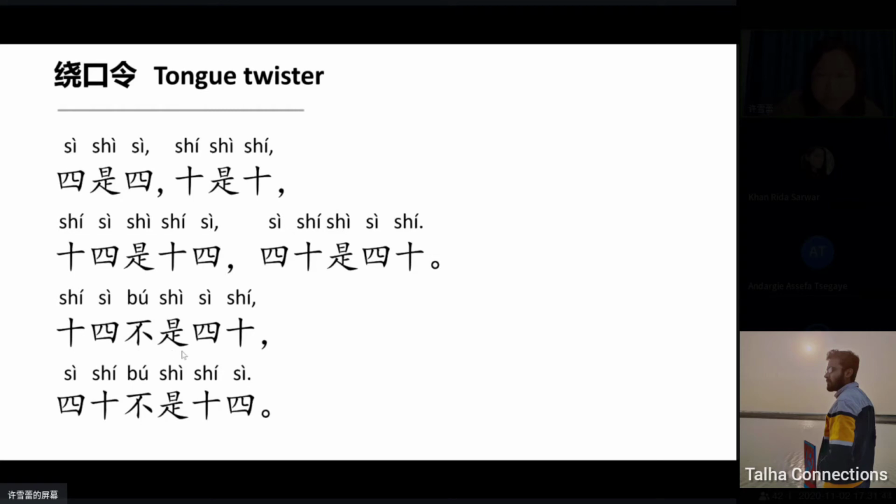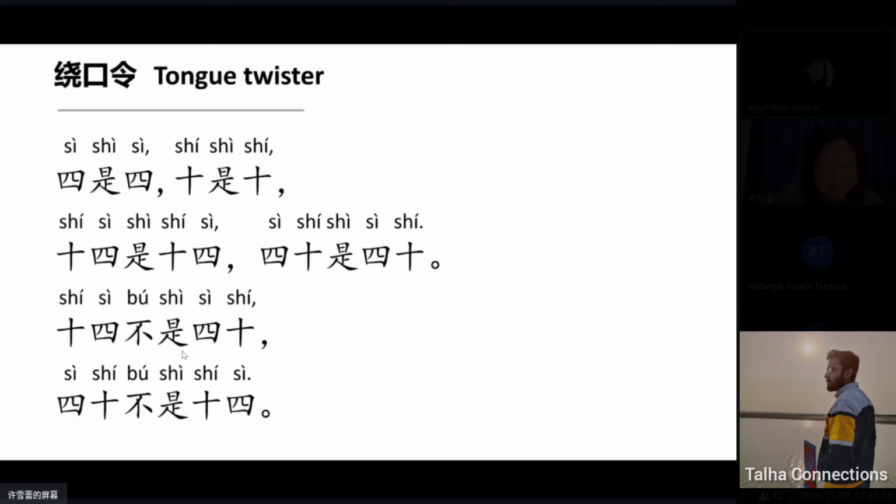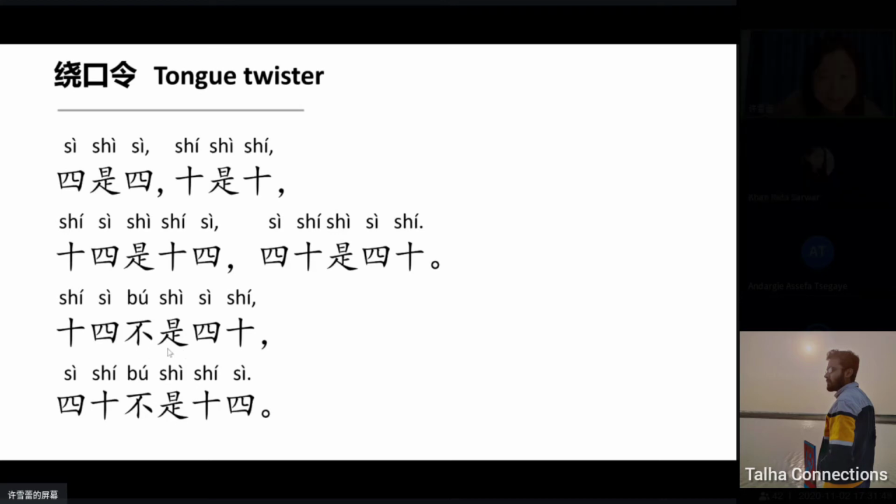What does 不是 mean? 不 means not, right? 不是, it is not, or I'm not. 我不是学生. 不是 is not. 14不是40. 14 is not 40.